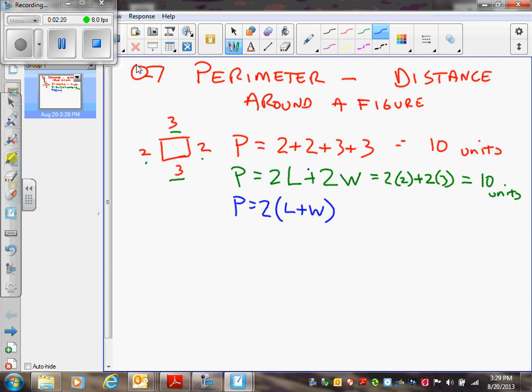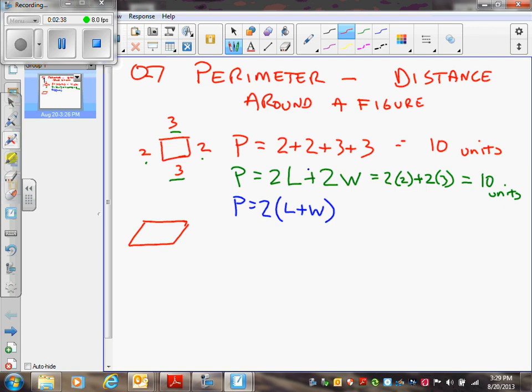So perimeter for a square, it works the same way, or rectangle, if I have a parallelogram. Except it's not a length and a width. But I have these slants, and they act like these widths.